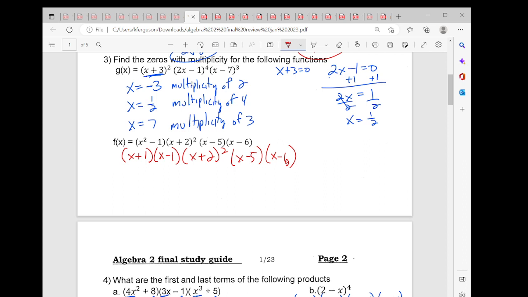So now I'm trying to find my zeros. So I got a zero of negative 1 with the multiplicity of 1. And then I've got positive 1 with the multiplicity of 1.